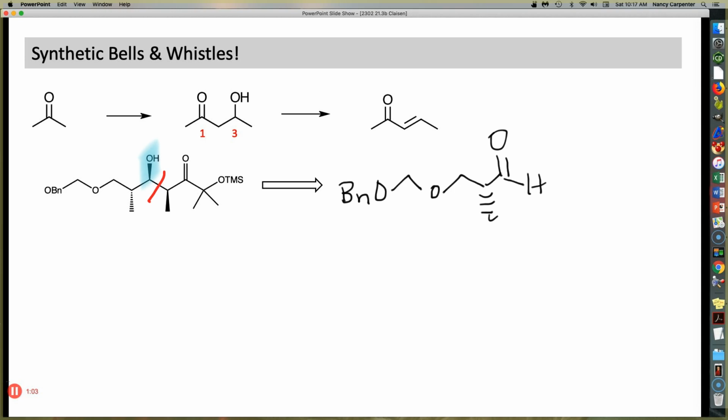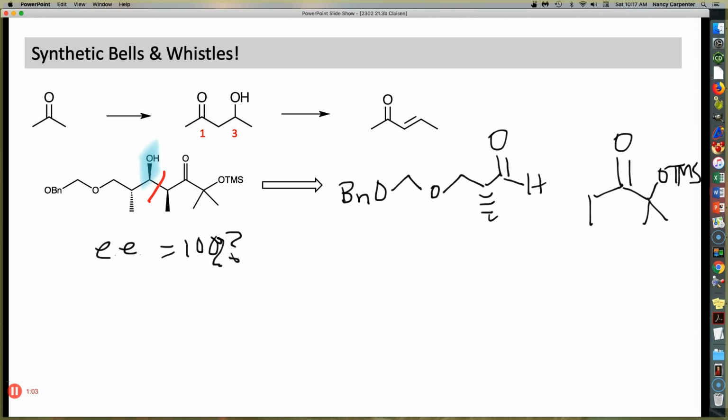Now what's interesting about this particular example is that what you're seeing is an example of an asymmetric aldol. In other words, the one I'm going to draw up here doesn't have a snowball's chance in the world of giving me an enantiomerically pure aldol product. This asymmetric kind of chemistry is beyond the scope of this class.